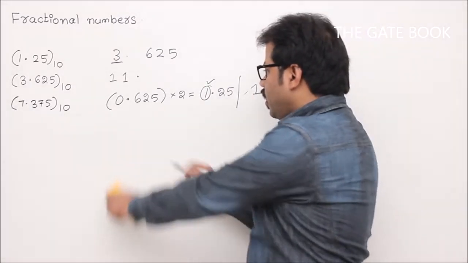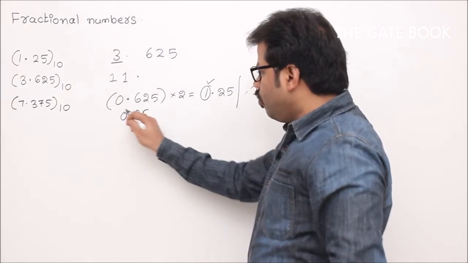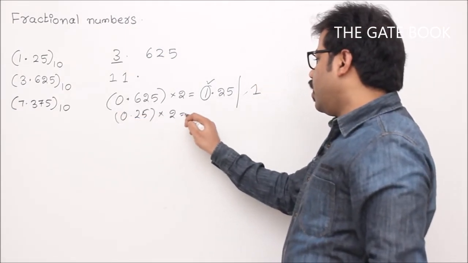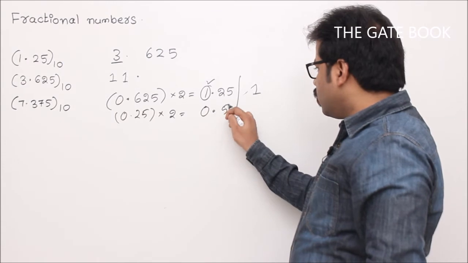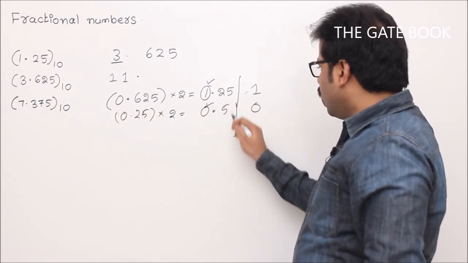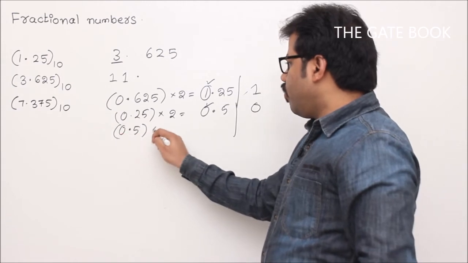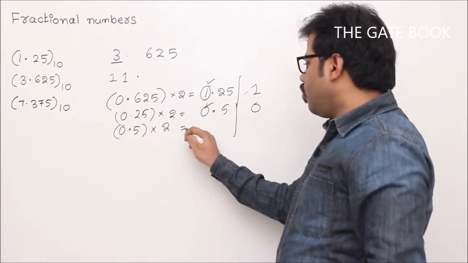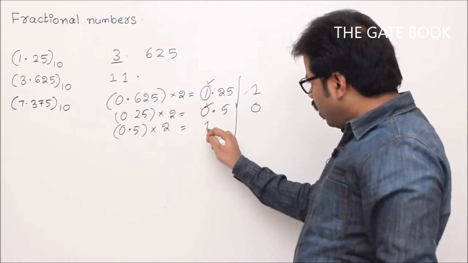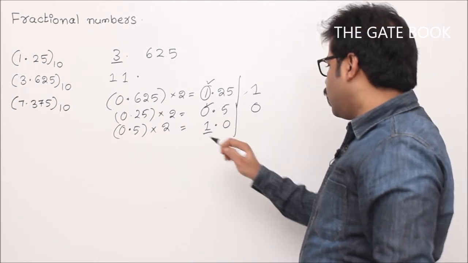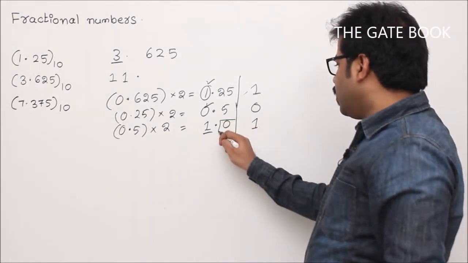Now the remaining part is 0.25. Take 0.25 into 2 again. When you do that, you get 0.5. So this 0 goes here. Then this remaining portion 0.5 will come here. So 0.5 into 2 is 1, correct? That means 1.0. Take this 1, and the remaining part is 0, right?